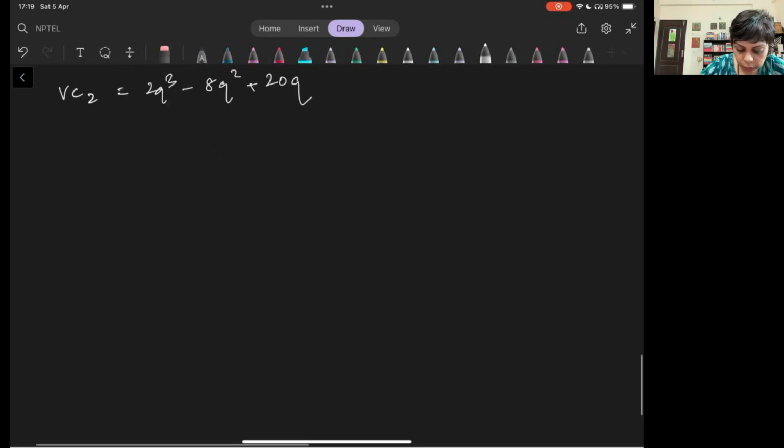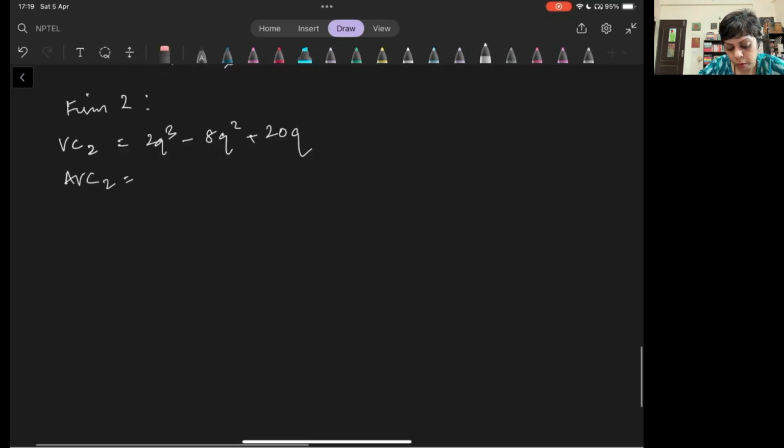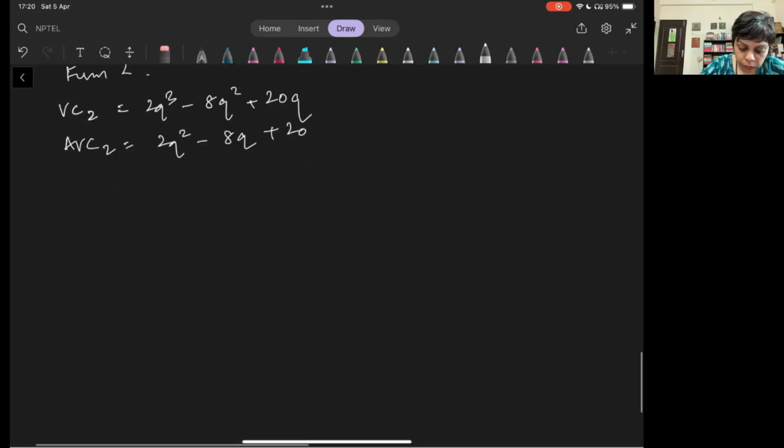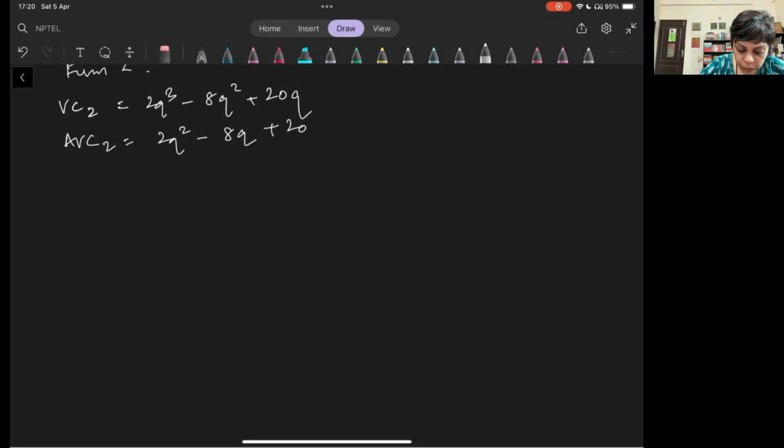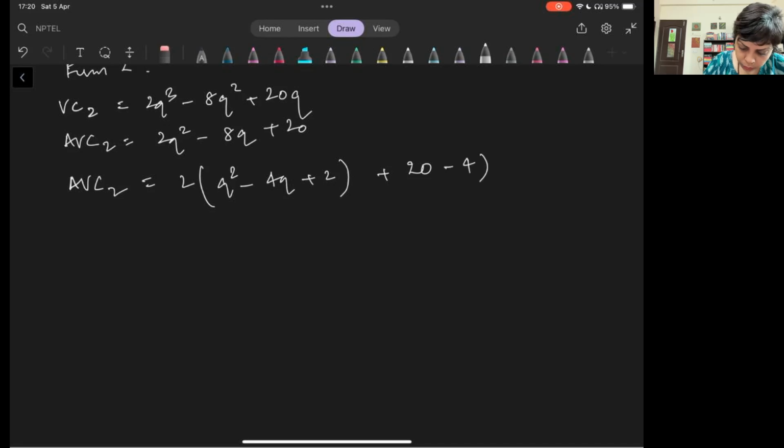Then average variable cost 2 is 2Q square minus 8Q plus 20. Before we go on, let's factorize this also: Q square minus 4Q plus 4, and this is 20 minus 8.